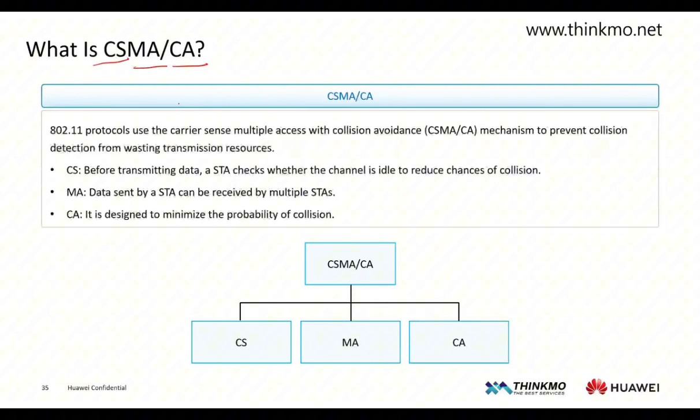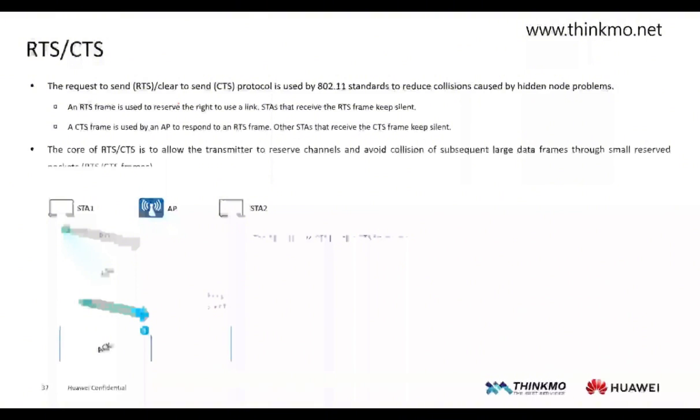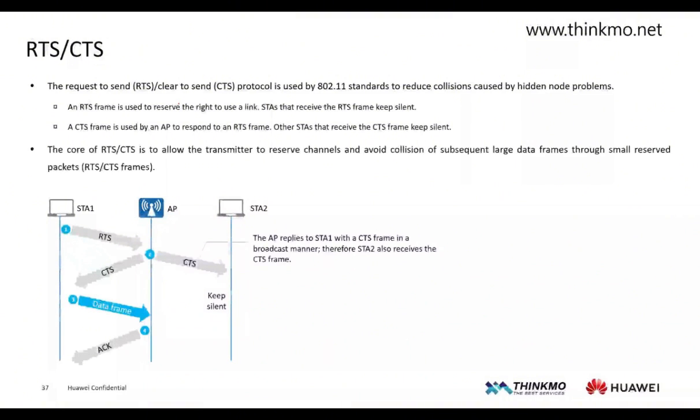Next, let's understand these detailed mechanisms. First, we need to understand the 2 important concepts of RTS and CTS, which are integral to our Wi-Fi 6. It is the core design for multi-user concurrency and collaborative work. You might have some impression that when a terminal needs to communicate with an AP, how do they avoid conflicts?